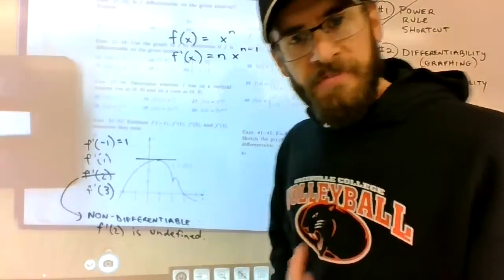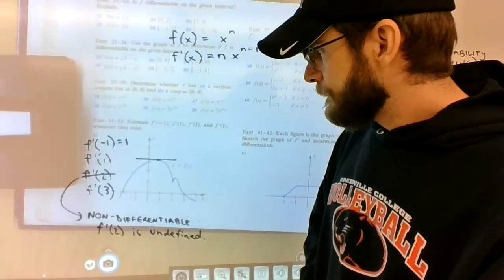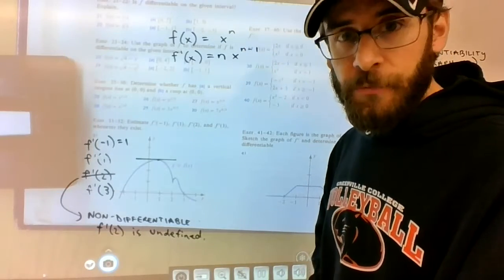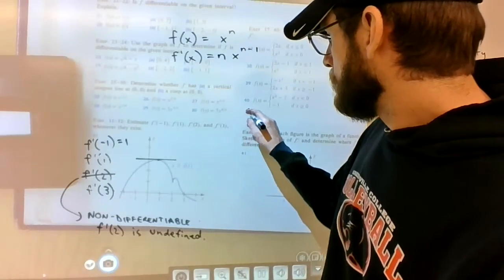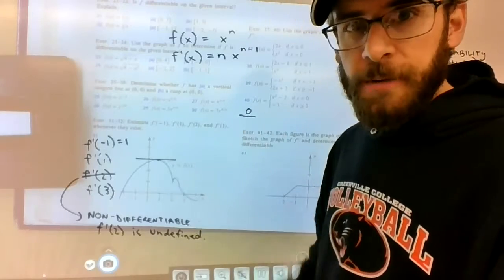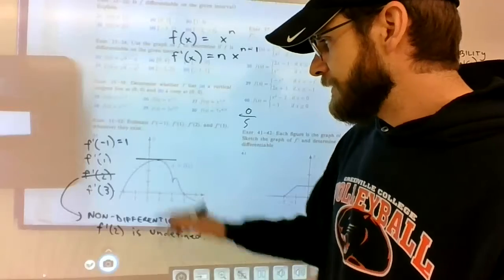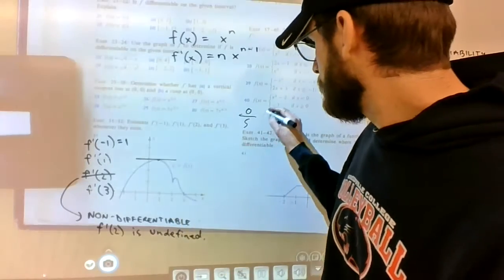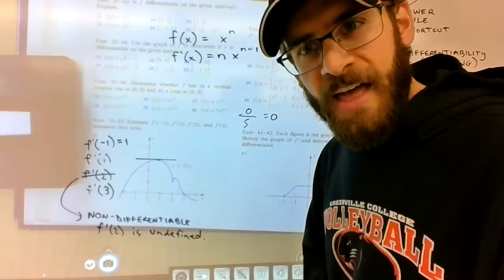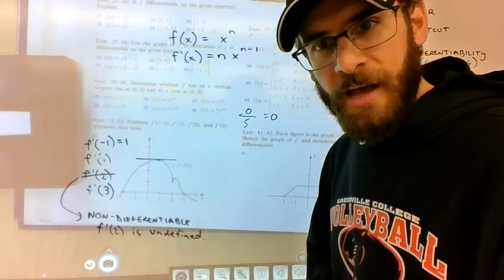So what would the slope of that line be? It rises 0 and runs whatever number you want it to be. 5. Why not? Up 0 over 5. All right, so the slope of that line, the derivative at 1 is 0.